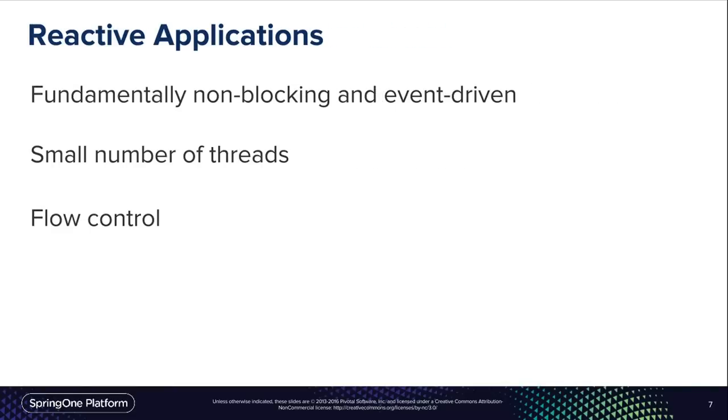Now, reactive applications is about fundamentally non-blocking and event-driven architecture. This is about introducing this into application design, and it's also about using a small number of threads to process potentially many concurrent requests, and also about having some kind of flow control, because when you deal with an event-driven system, you have a publisher-subscriber relationship, a producer-consumer, and then there's always situations where the producer can produce more than the consumer can take.